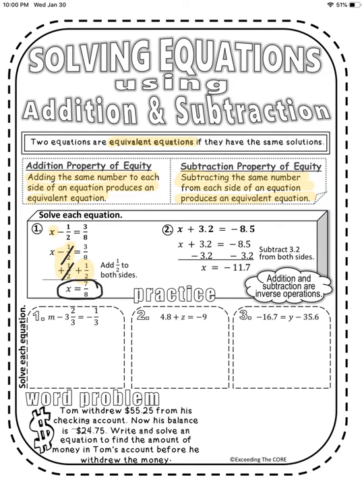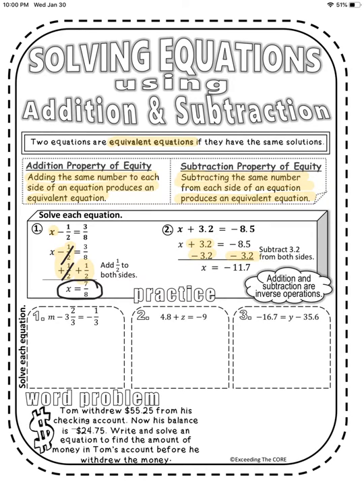If we look at the second equation, we have x plus 3.2 equals negative 8.5. They are adding 3.2 to the x. So the opposite of adding 3.2 is to subtract 3.2. We subtract it from the left side of the equal sign and from the right side of the equal sign.